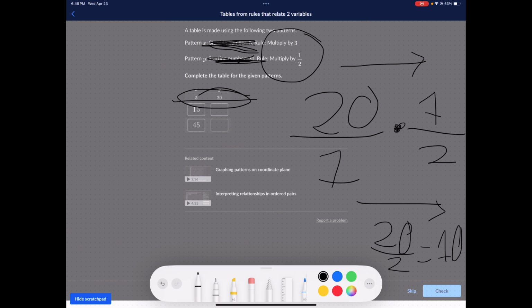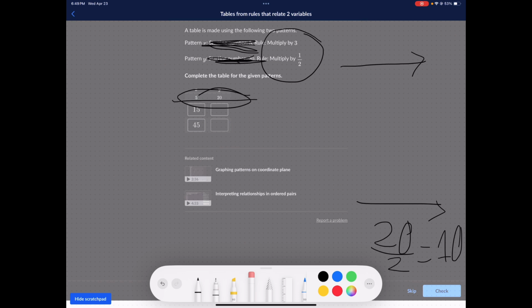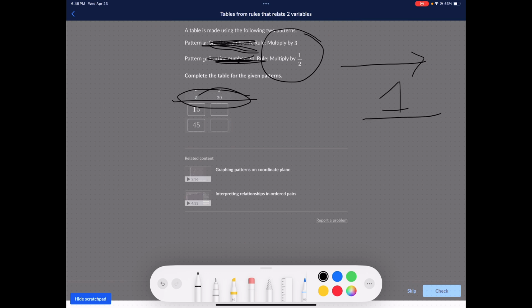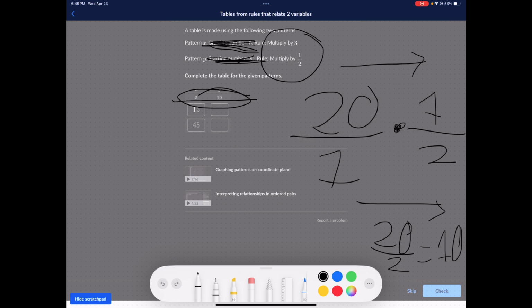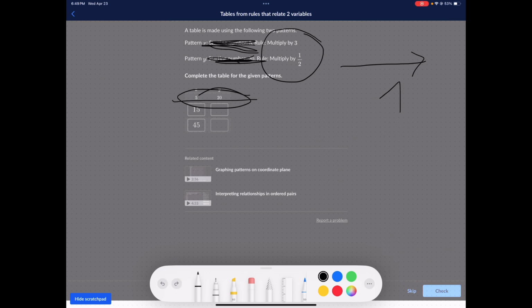Another way you can think about this is understand that multiplying by a half is just multiplying by 2. Because when you're multiplying fractions, you're taking the reciprocal. And the reciprocal of 1 over something, for example 1 over x, will be x over 1, or just x. The same thing applies here. So the reciprocal will be 2, which means that 20 can be multiplied by 2.